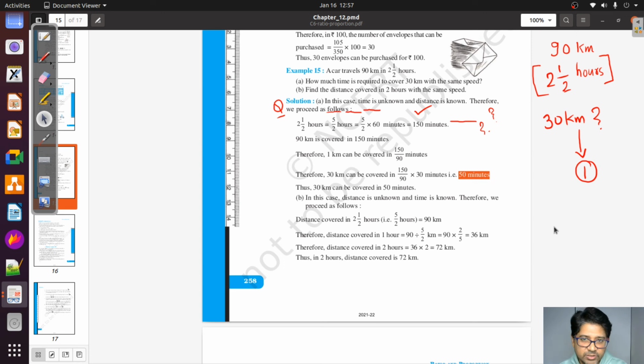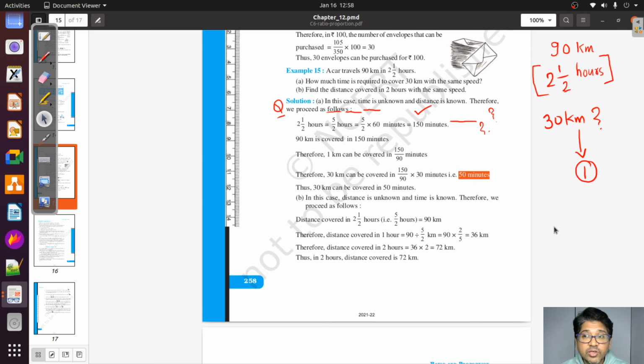Now the second question, the last question. This is the last question of the day. Find the distance covered in 2 hours with the same speed.